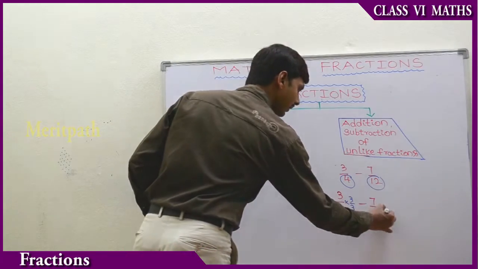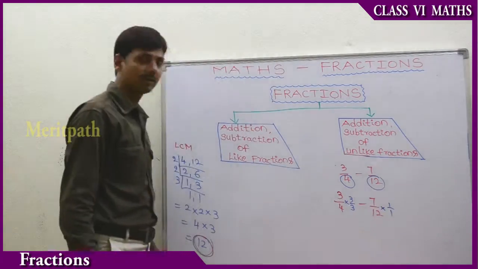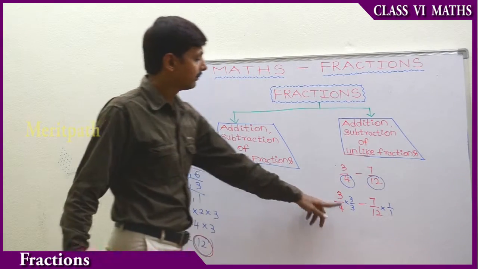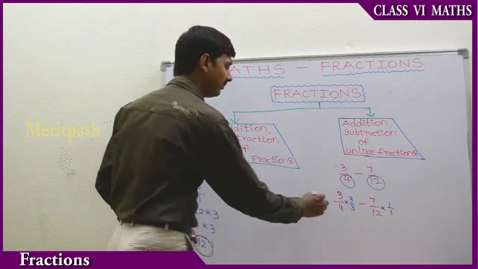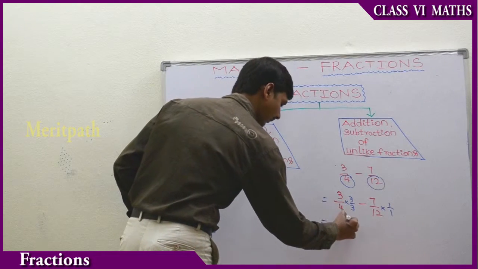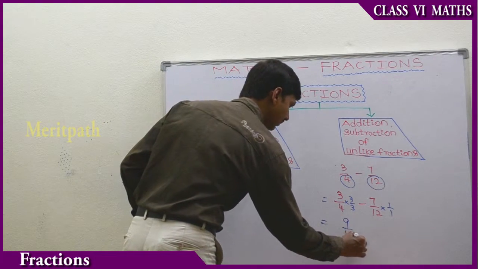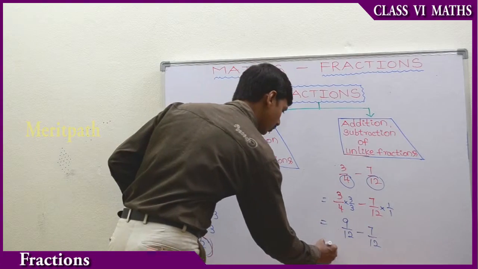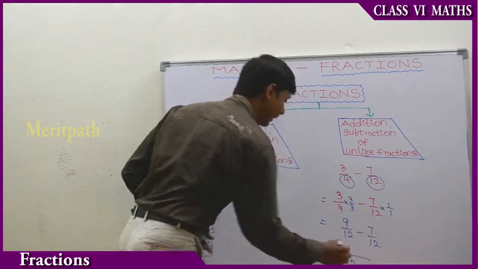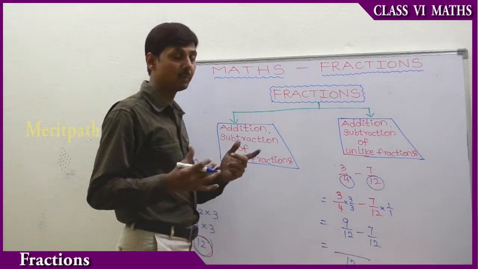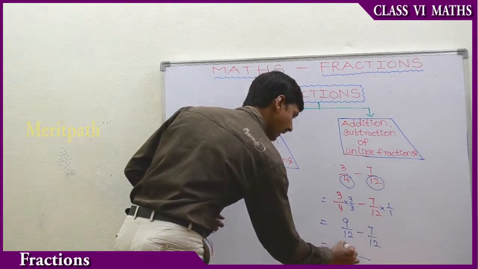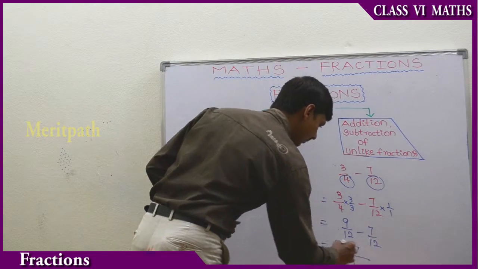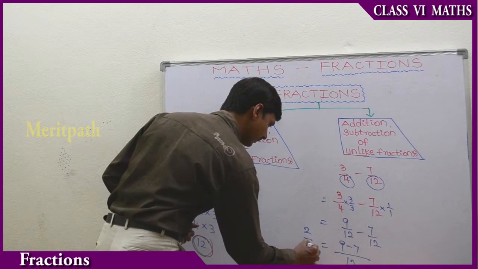And 12 is only 1 by 1, because 12 into 1 is 12 already. So we got 9 by 12 minus 7 by 12. When the denominators are equal, with 12 as the LCM, we take the same denominator. 9 minus 7 is 2, so we write 2 by 12.